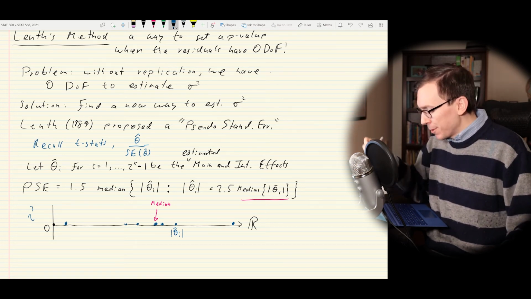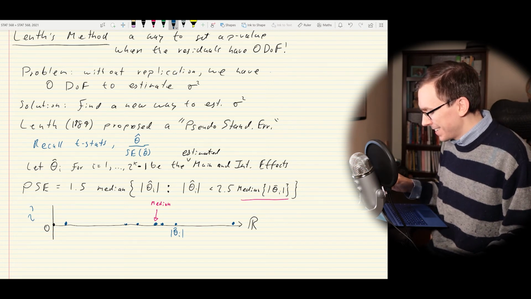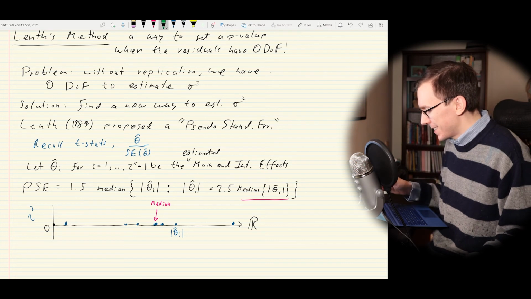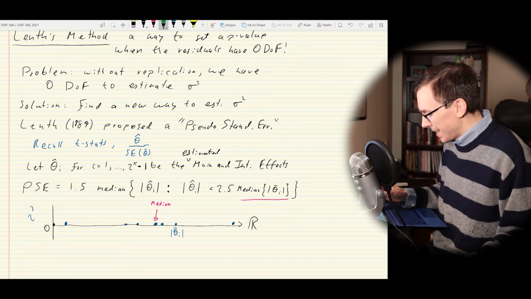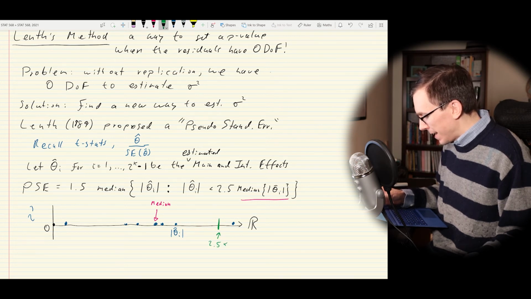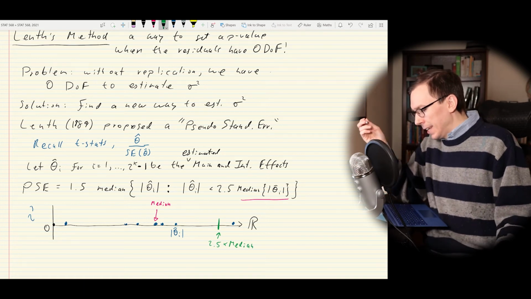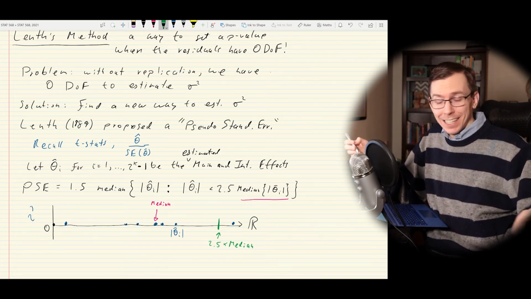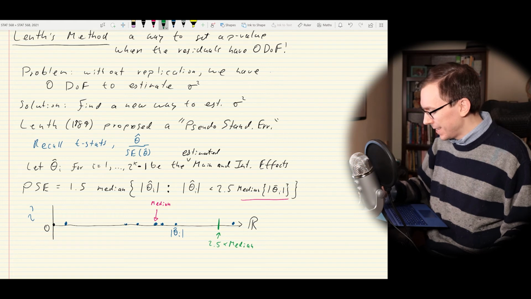And then what we do is we expand this by 2.5. I'm not going to do this to scale. And then maybe over here is 2.5 times the median. And then what we do is we take all of the thetas that lie to the left of that line. Basically, we throw out this guy over here.